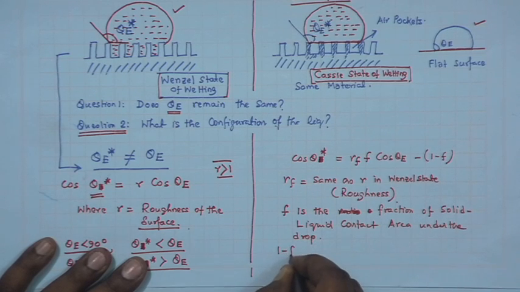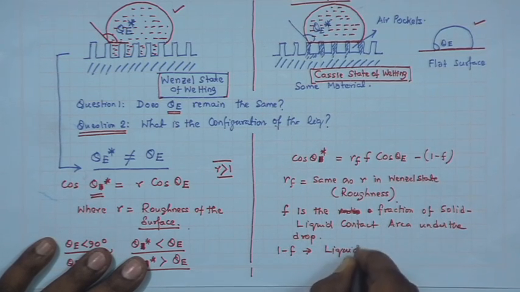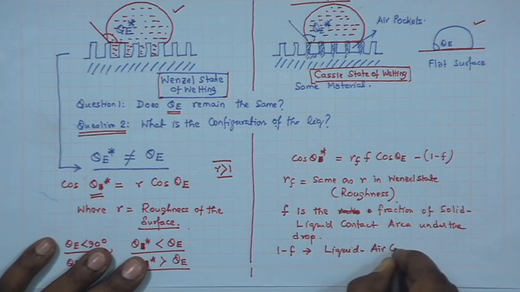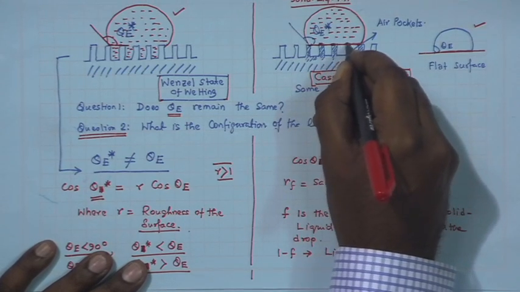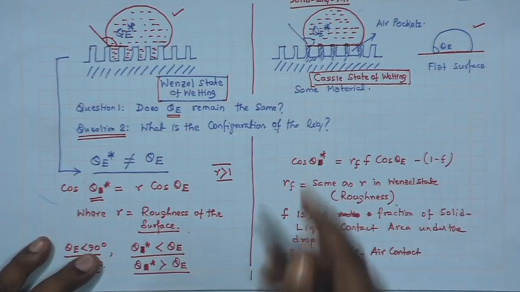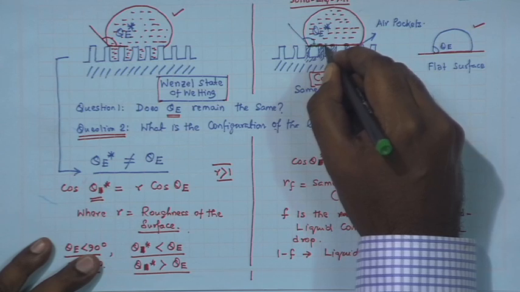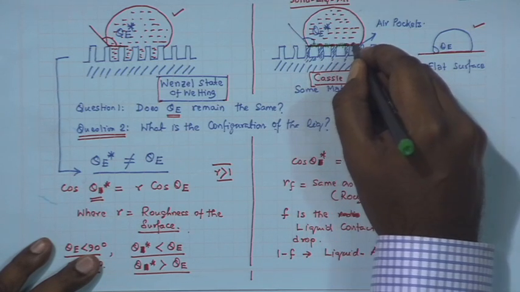So, 1 minus f in fact refers to the liquid air contact area. So, these areas in the picture contribute to f, and these areas contribute to 1 minus f.